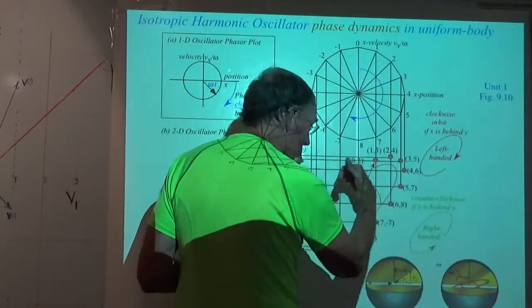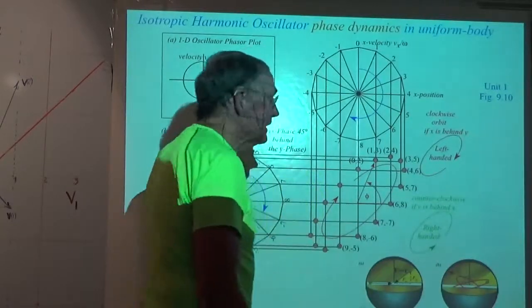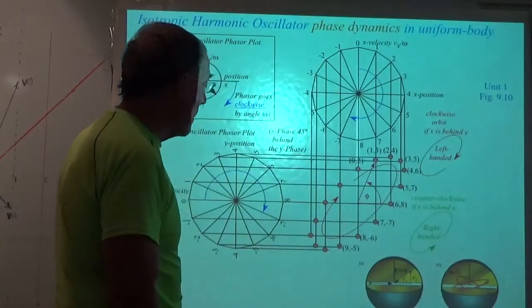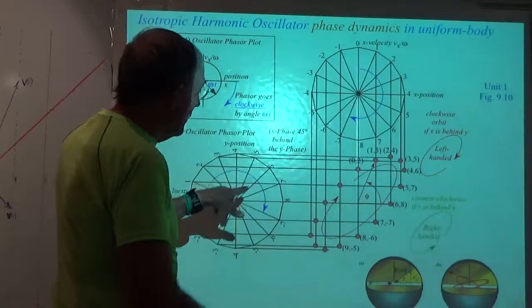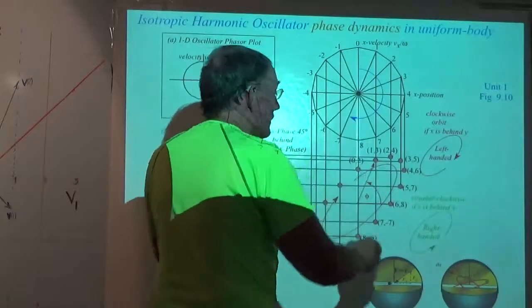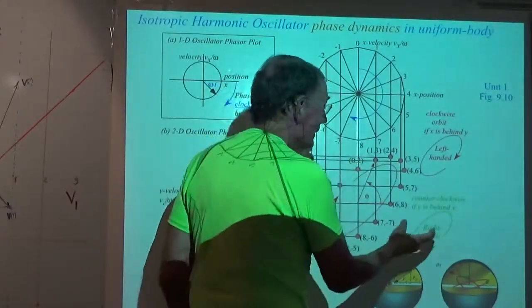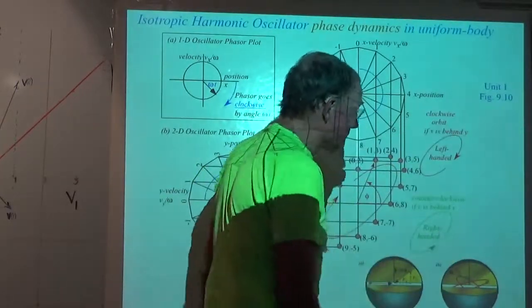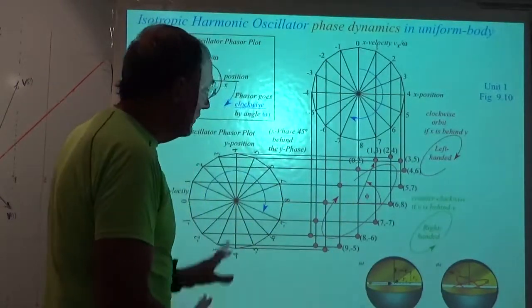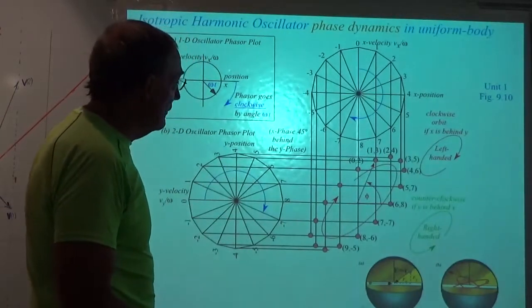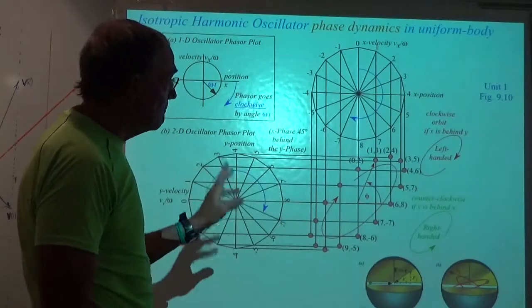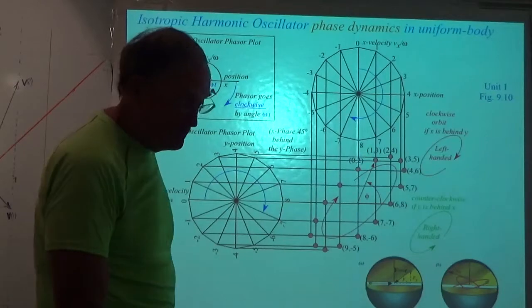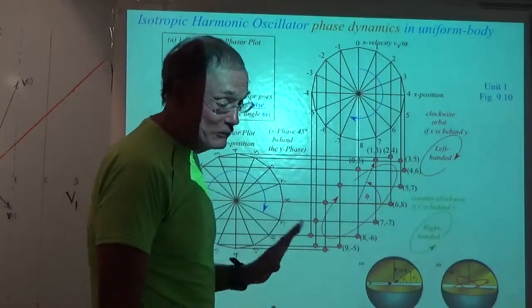I would get a right-handed orbit going from there. So these will always be turning this way, but this can go either this way, left-handed, or it can go right-handed. So that's a little bit of freedom that these, otherwise this mechanics is very rigidly determined.